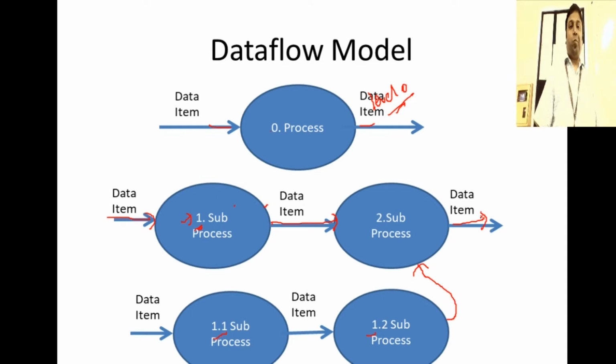And one more thing: the topmost process is given in level 0. Then when I break it down, I go with 1 and 2. When I break 1, I give it as 1.1 and 1.2, so that I can map that these 2 sub-processes belong to, and are being called from, this process.